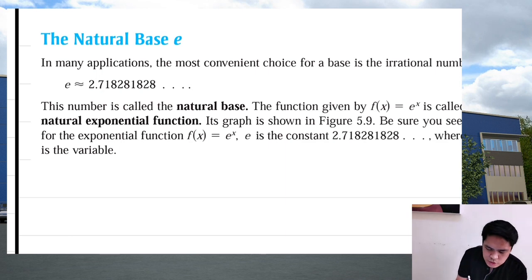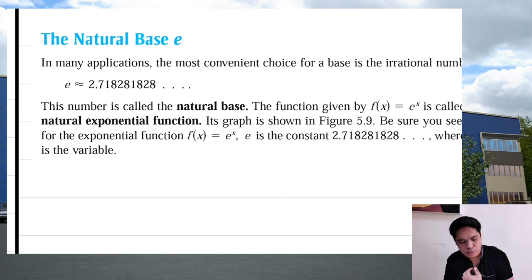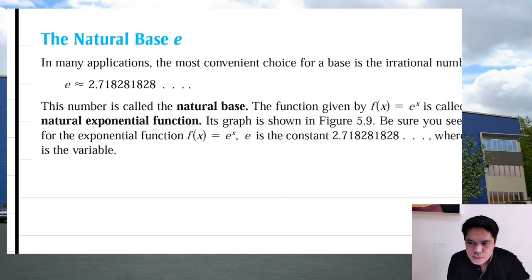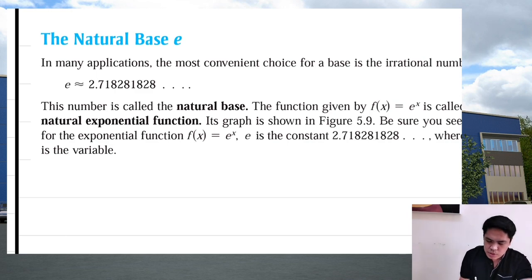This is an irrational number, so you cannot express this as a ratio of two integers. So E is a natural base because this value often appears in nature, or these are naturally occurring values. Okay, so this number is called natural base.